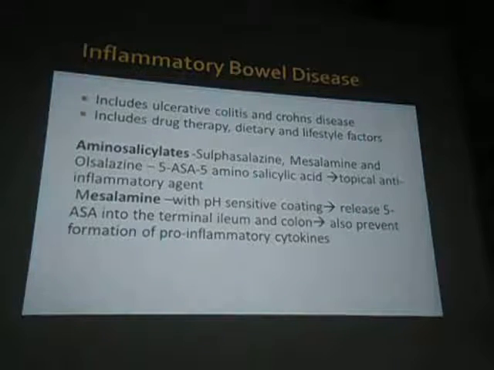The pro-inflammatory cytokine effect is secondary, but the primary effect is that intestinal inflammation is prevented. Mesalamine is used along with a pH sensitive coating which releases the 5-ASA into the terminal ileum and colon, where our disease is more.